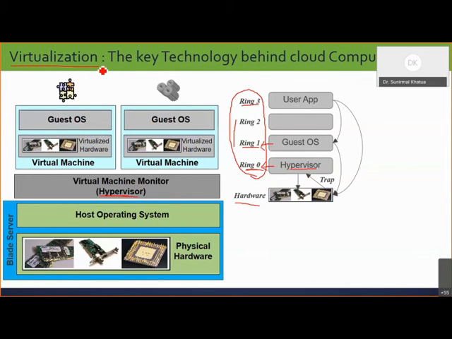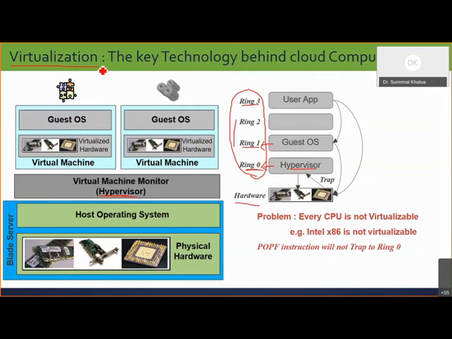So this is a very simple solution provided by virtualization software to solve the race condition among the guests. But this simple solution will not work for most processors, because in many processors like the Intel x86 microprocessor, there is an instruction called POPF. This POPF instruction is executed during the context switch between two processes. The design of the x86 is such that this POPF instruction belongs to ring 0.